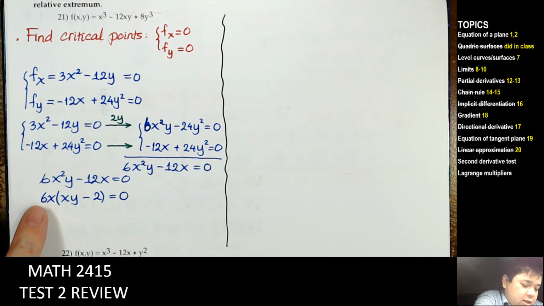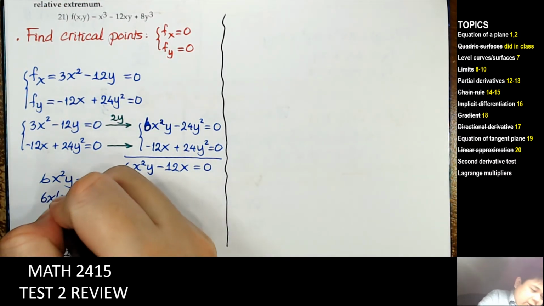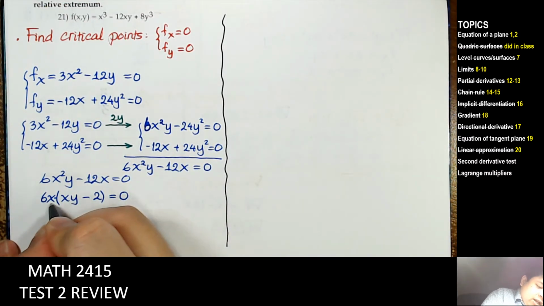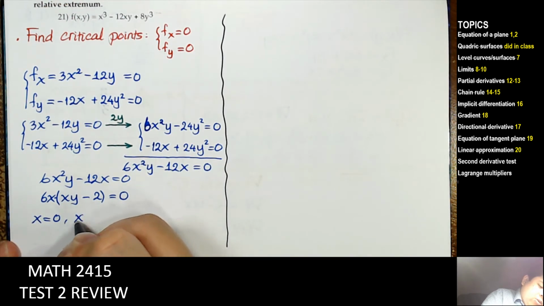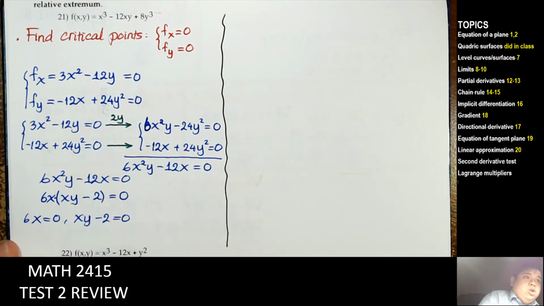Factor out 6x, we have xy left minus 2. So a factor equal to 0. This gives us 6x is 0, or xy minus 2 is equal to 0. So product equal to 0, one of the factors must be 0.